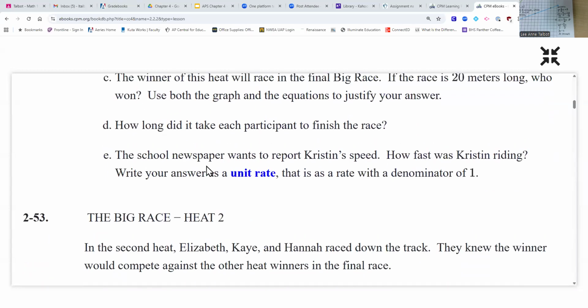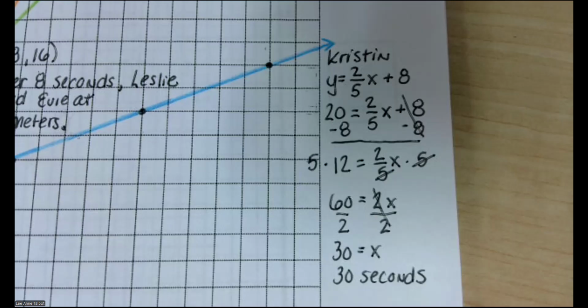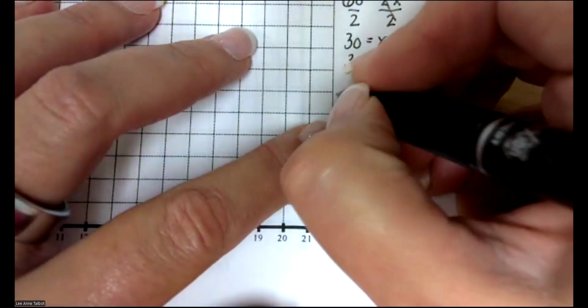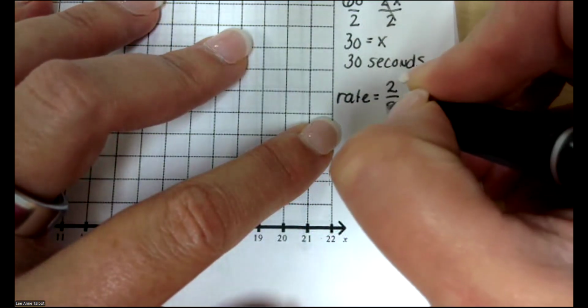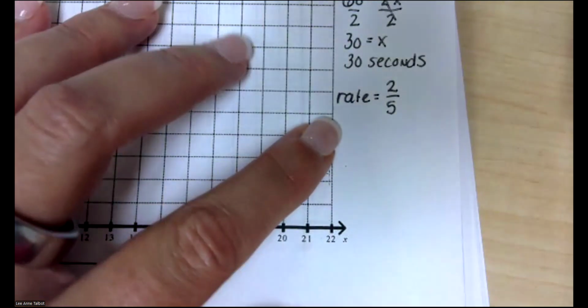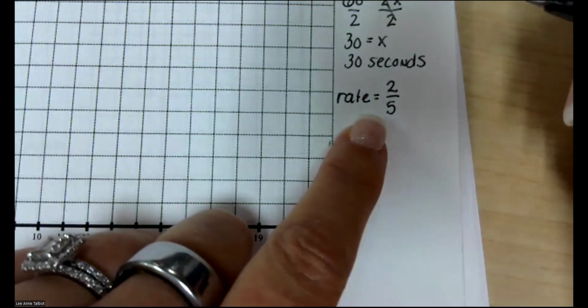Okay, last thing. The school newspaper wants to report Kristen's speed. How fast was Kristen riding? Write your answer as a unit rate. That is a rate with a denominator of 1. What they mean is take the rate, which is 2 over 5, and do 2 divided by 5 on the calculator.